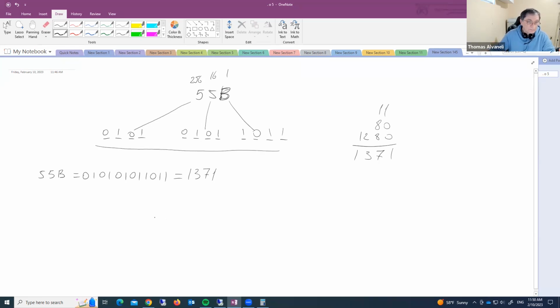Let's check if we are correct. Let's write down 010101011011. This is the 1's column, 2's, 4's, 8, 16, 32, 64, 128, 256, 512, 1,024, and 2,048.